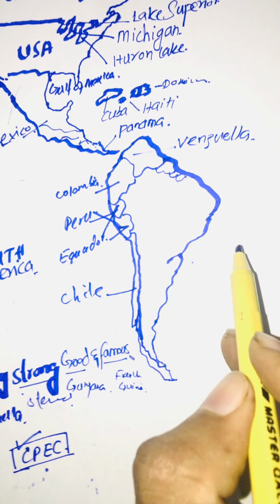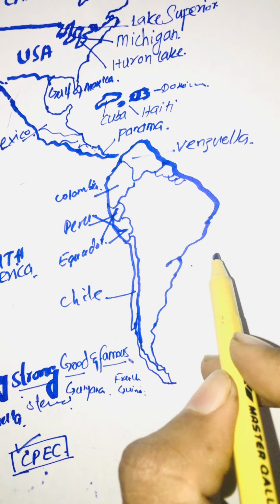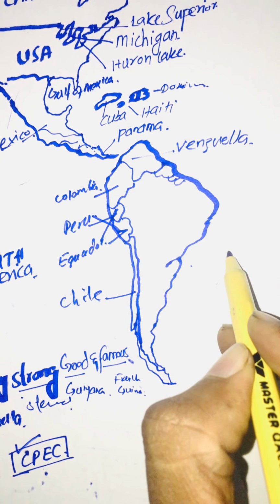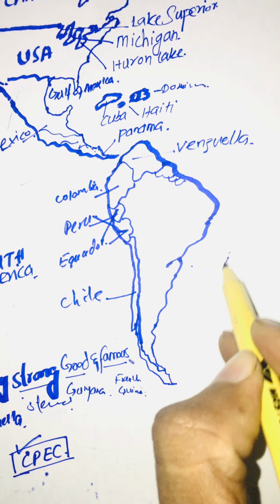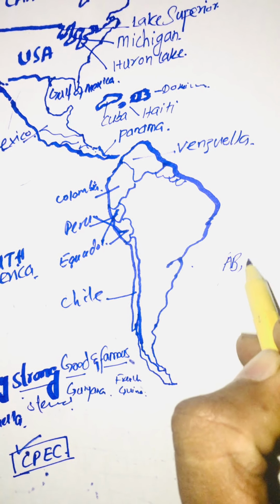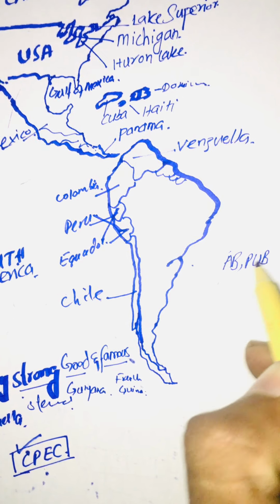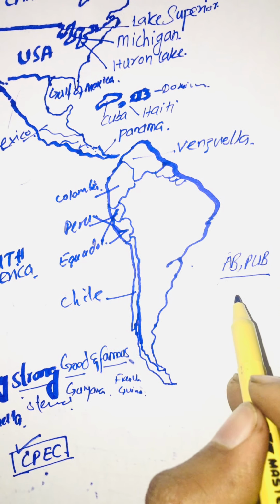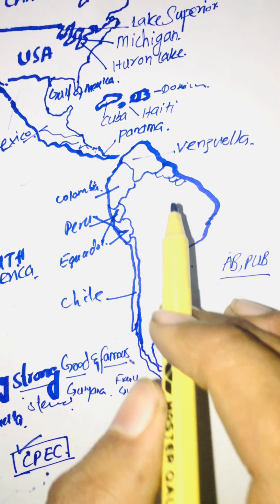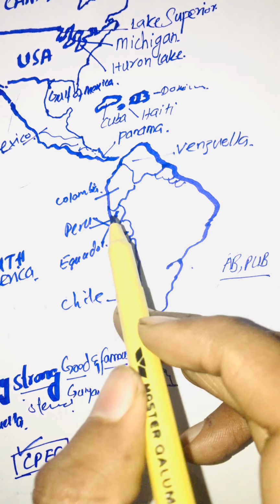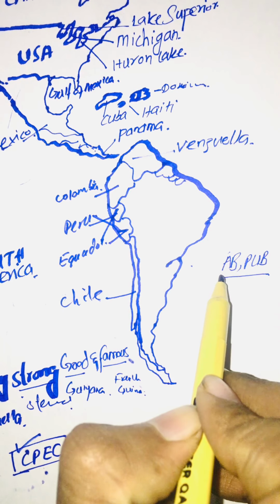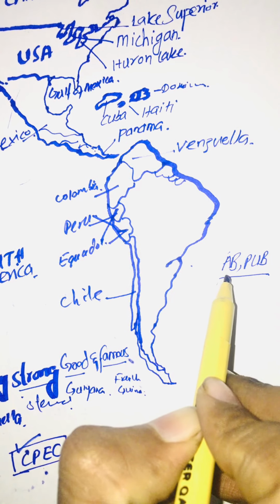There are some countries which are located here. Which are these countries? I will tell you. And you have to remember a short nickname, UB Pub, to remember these countries. UB Pub. What stands for UB Pub? I tell you. A is for Argentina, B is for Brazil.